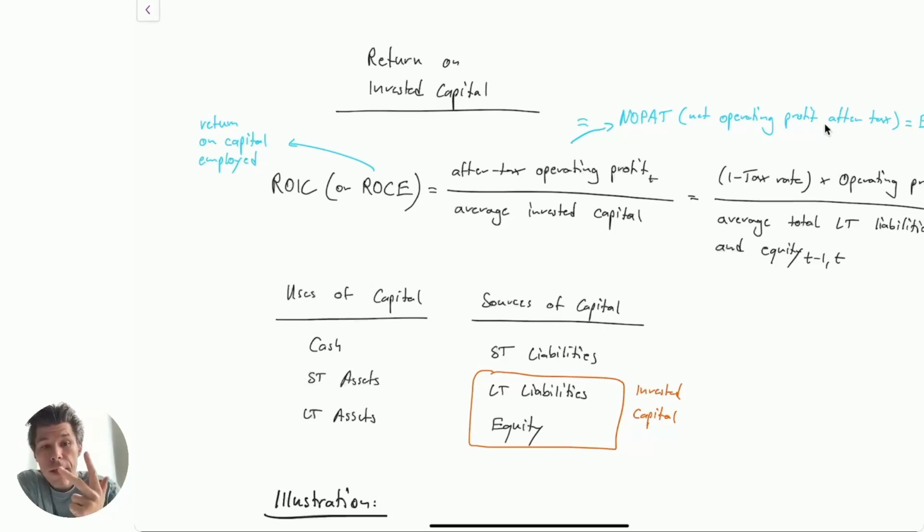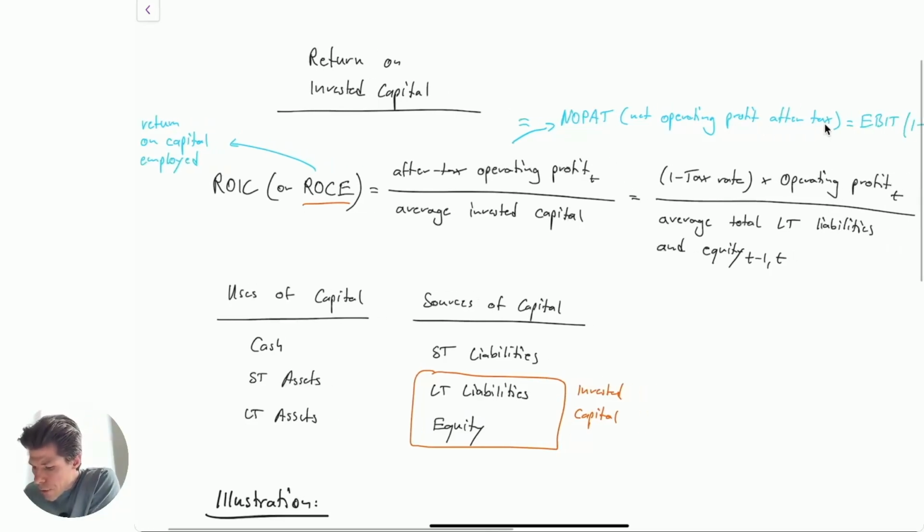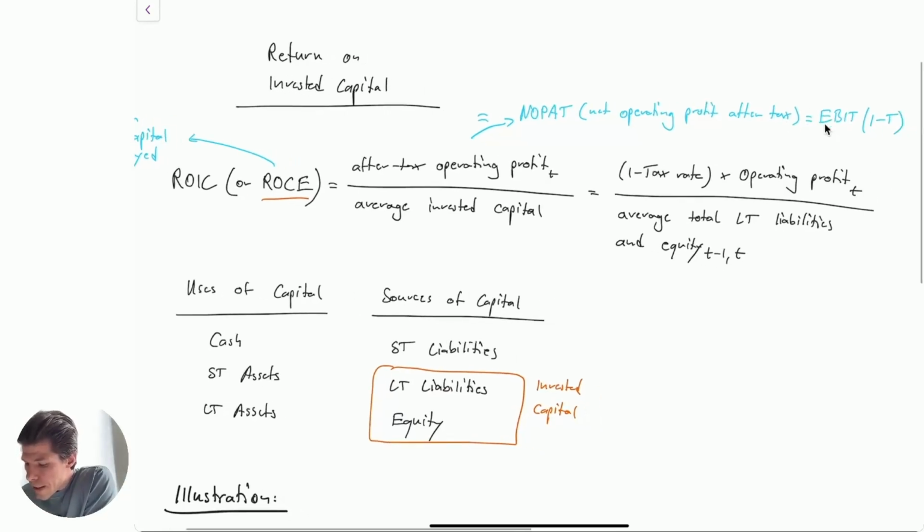And now we are looking at a third figure, so-called return on invested capital. Sometimes you also call it ROCE, return on capital employed. It's basically the same.